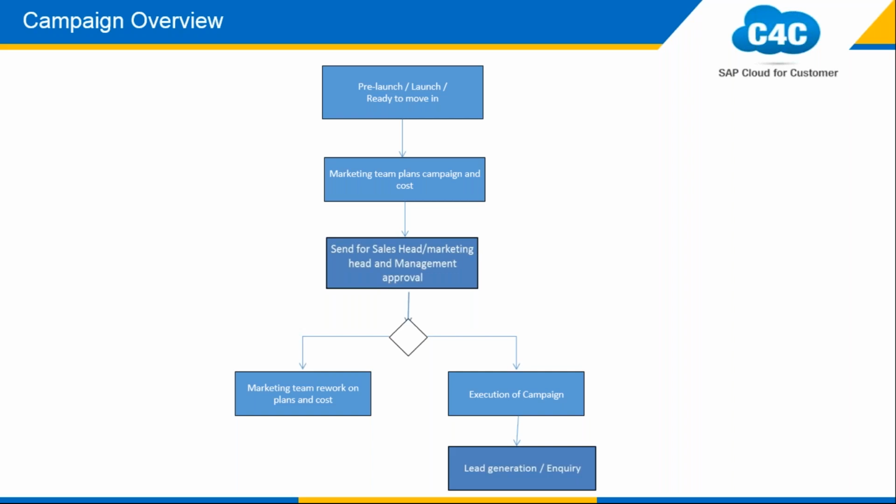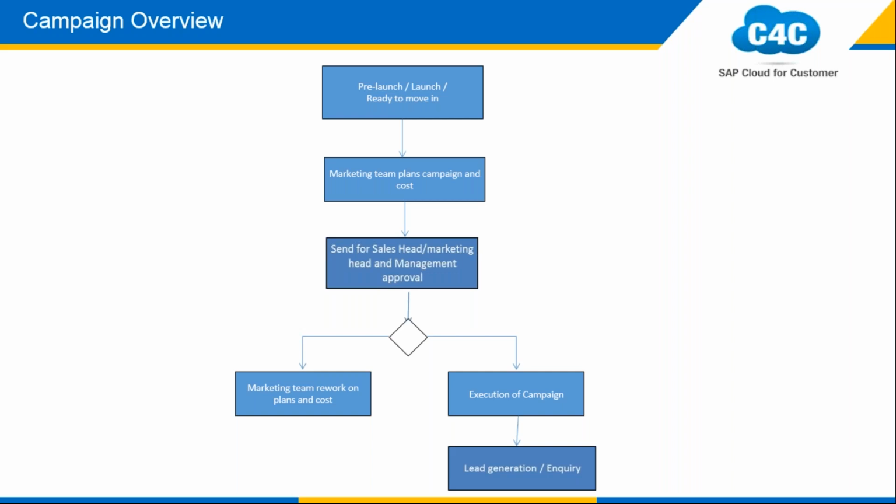There is another functionality called satisfaction survey in C4C. Satisfaction survey is a standard feedback form which is out of the box. If you need to send a feedback form to a customer, you can send it through an email with a hyperlink. The customer will open that hyperlink, fill in the survey, and save it in the system.